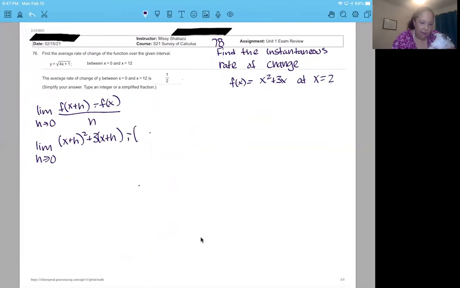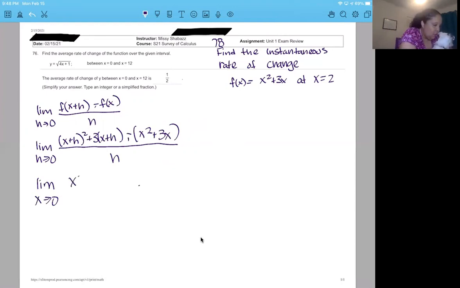So our f of x is x squared plus 3x, all over h. All right, so let's go ahead and FOIL x plus h squared. And that gives me x squared plus 2xh plus h squared. Distribute the 3, so plus 3x plus 3h. Distribute the negative sign, minus x squared minus 3x.